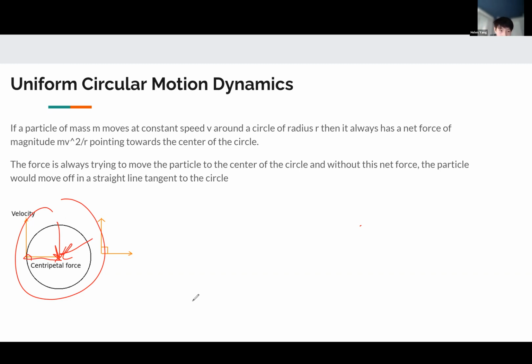The force is always trying to move the particle to the center of the circle, and without this net force, the particle would move off in a straight line tangent to the circle. For example, if there's no centripetal force, then if the object was spun, it would just go tangent to the circle like that.